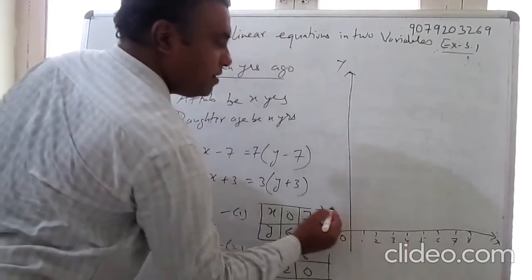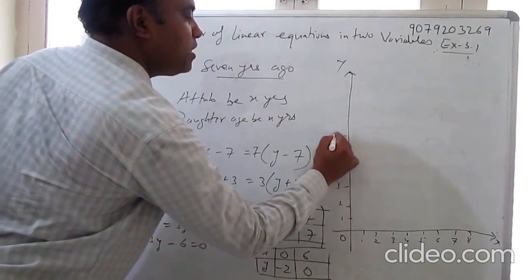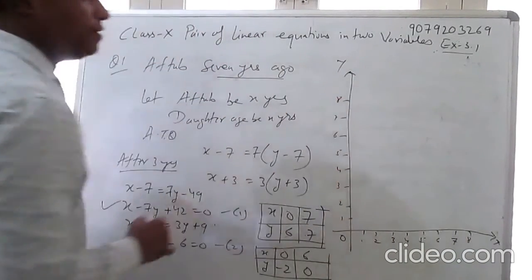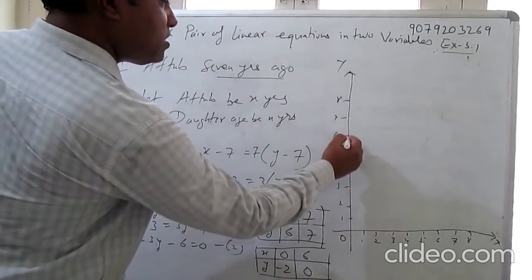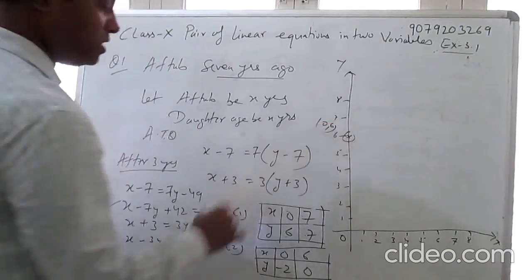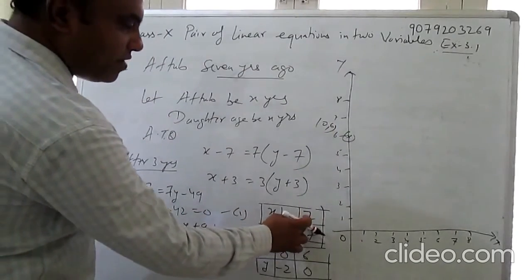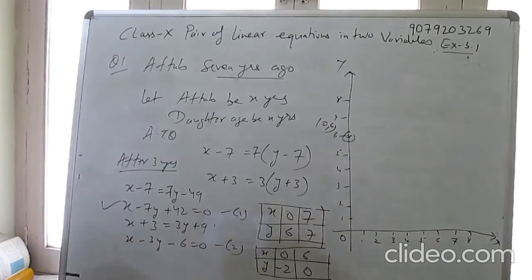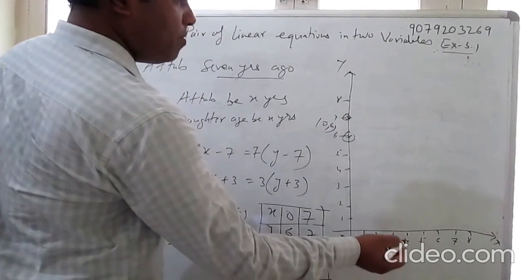We have to decide the scale: 1, 2, 3, 4, 5, 6, 7, 8. The first point is x 0, y 6, that is 0, 6. It is an ordered pair; first we take the x point. Then 7, 7: 7 is here and 7 is here.